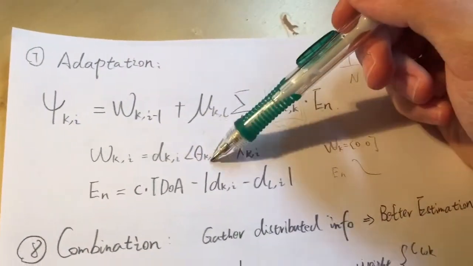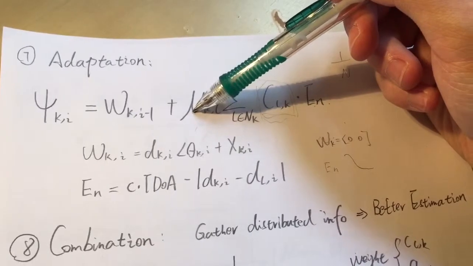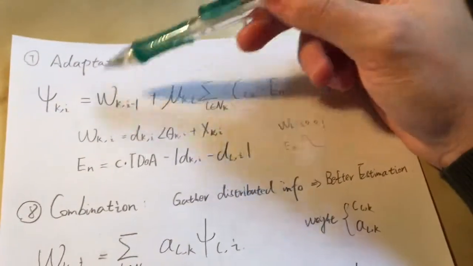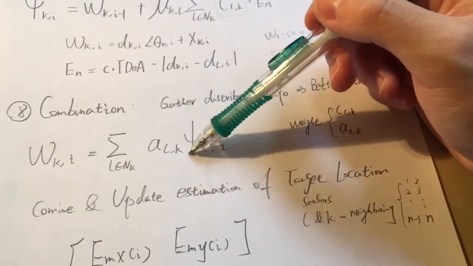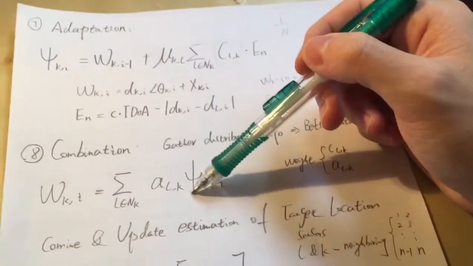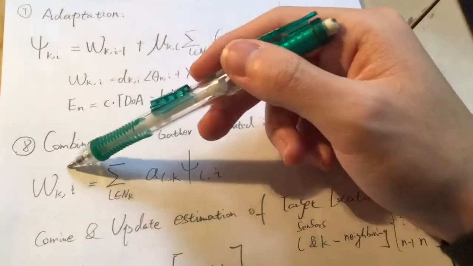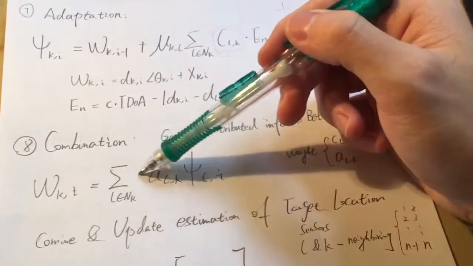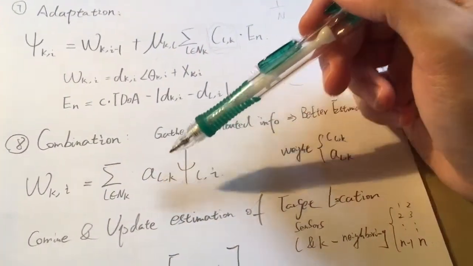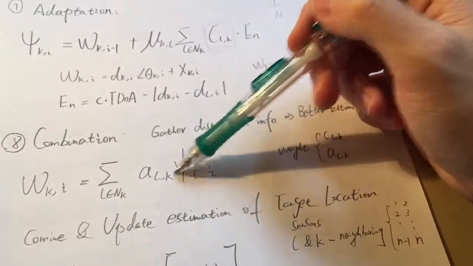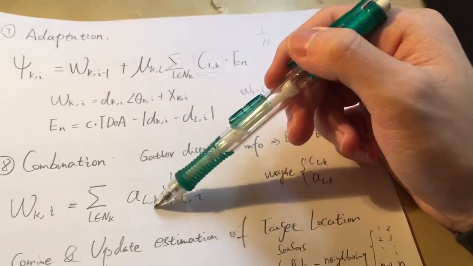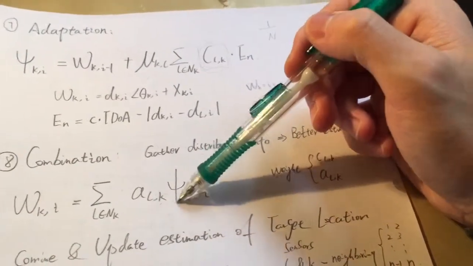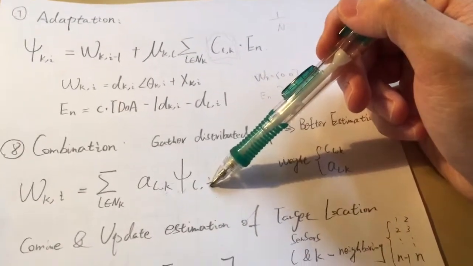Okay, using this and this, here that will be the loop, and then we'll combine all the estimations. So WK target location equals the sum of the weights multiplied by, this is another weight, so CLK is a weight, this one also is a weight, multiplied by the intermediate step.